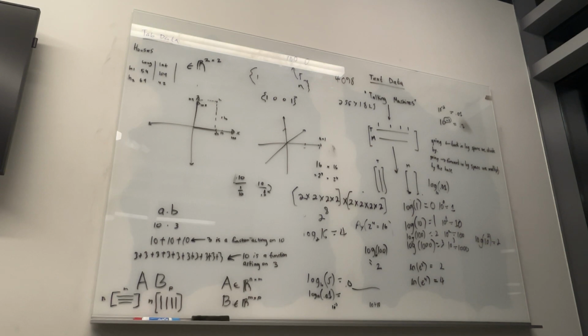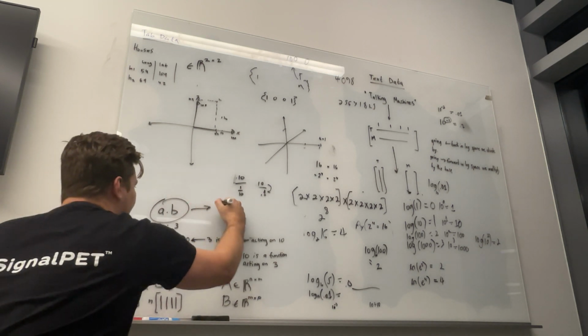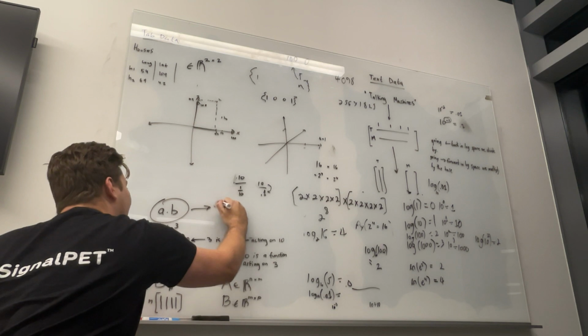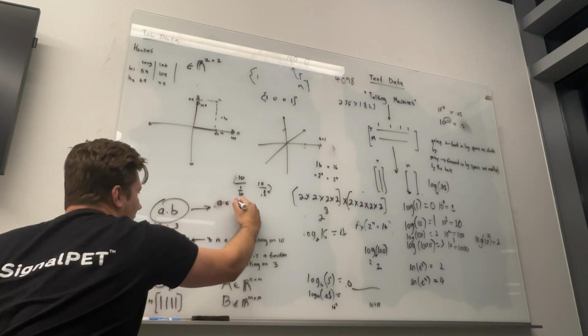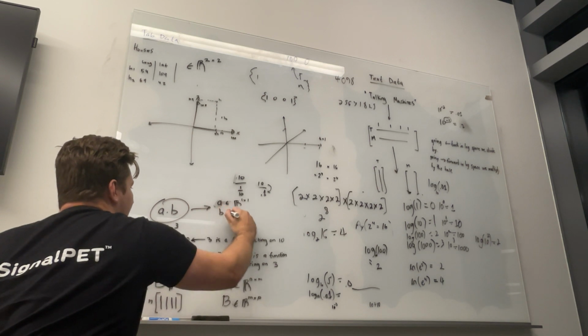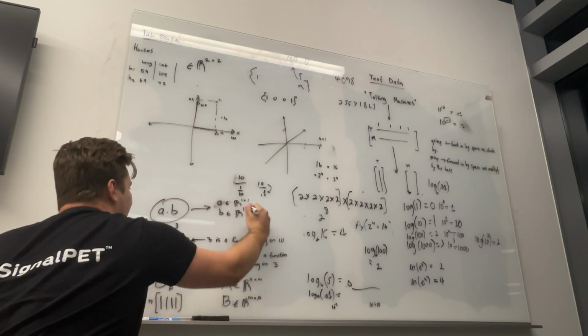So this is super important. Here, A is a member of the set of all 1-by-1 matrices, and B is an element of the set of all 1-by-1 matrices.